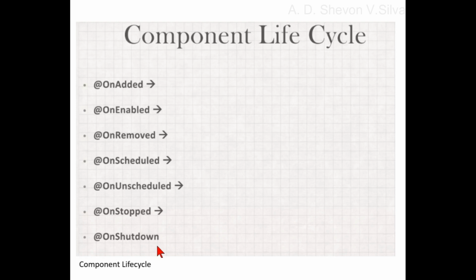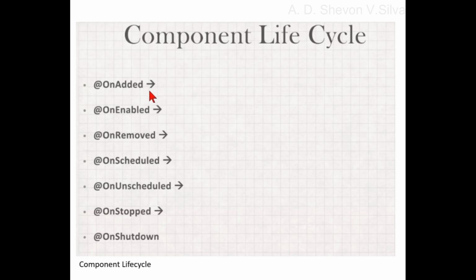Note: while NiFi will attempt to invoke methods with this annotation on components that use it, this is not always possible. For example, the process may be killed unexpectedly, in which case NiFi does not have a chance to invoke these methods. Therefore, while methods using this annotation can be used to clean up resources, for instance, they should not be relied upon for critical business logic.